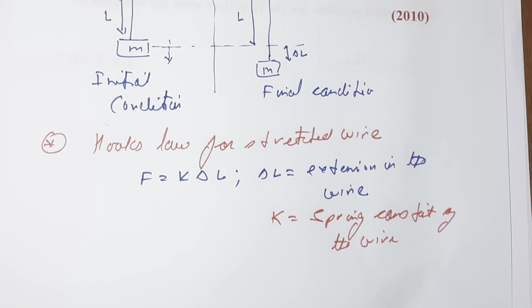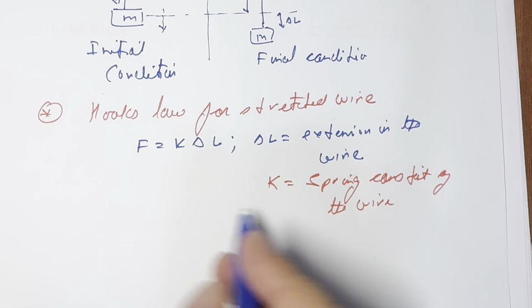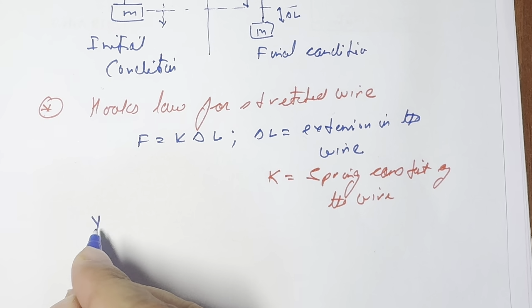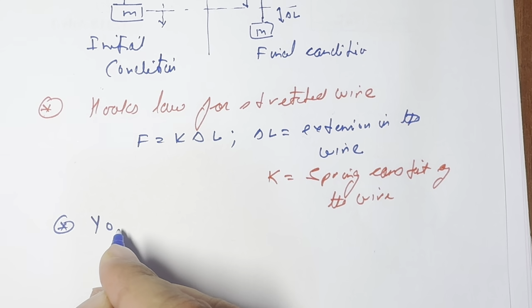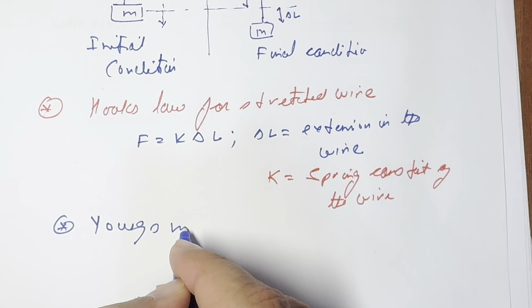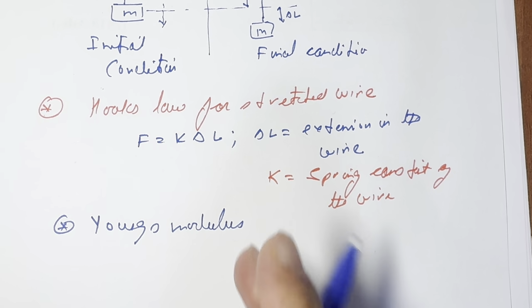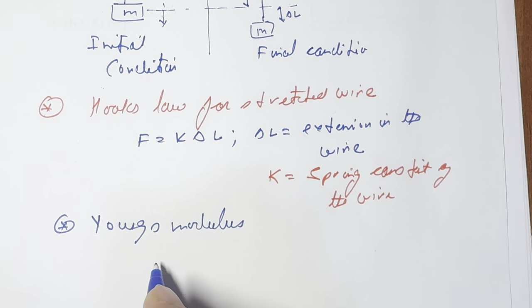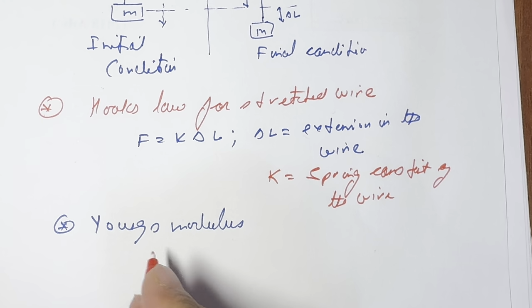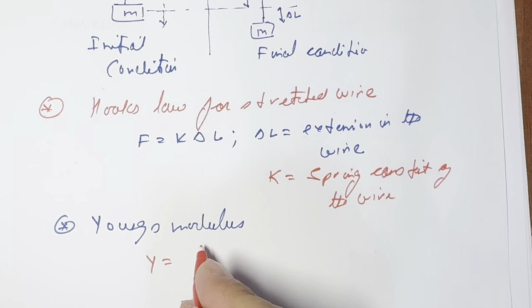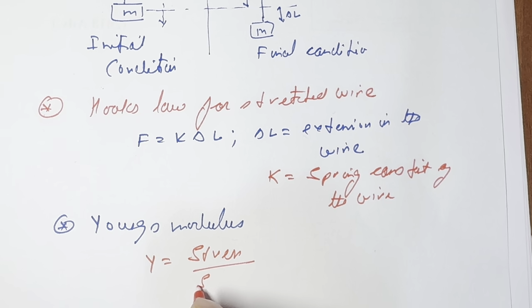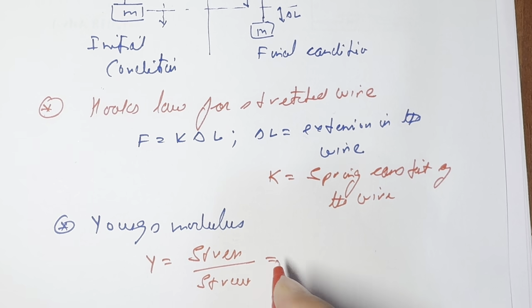And the Young's modulus is given as Y, and Y is stress over strain.